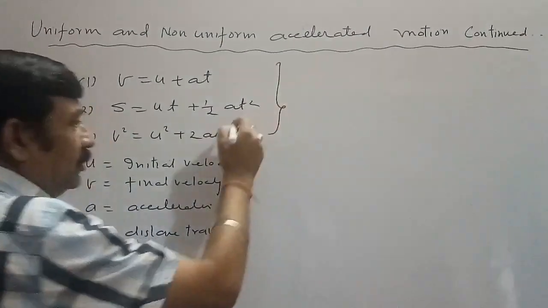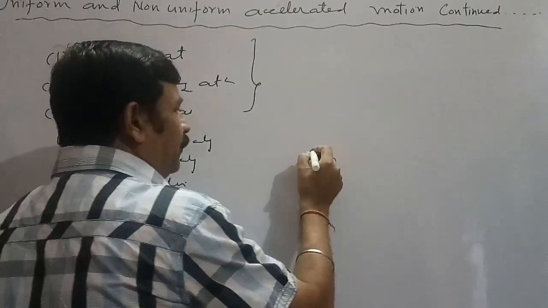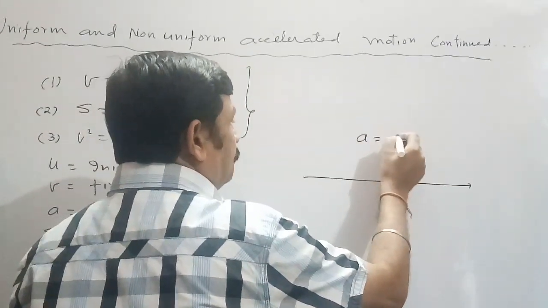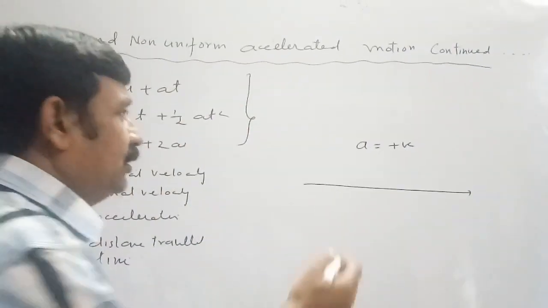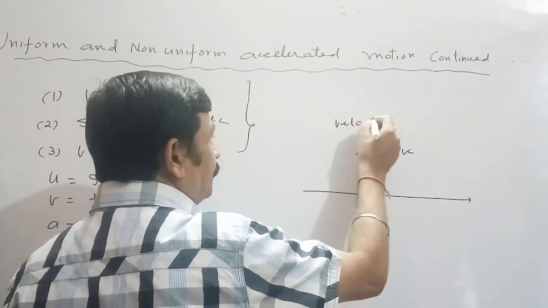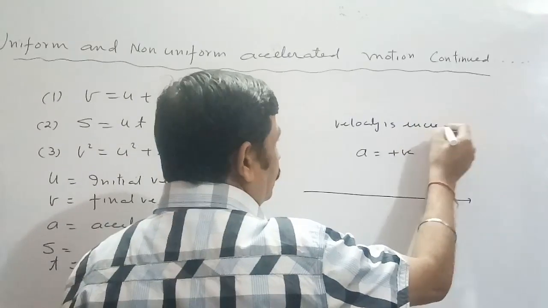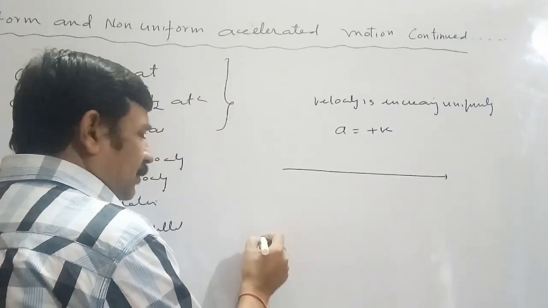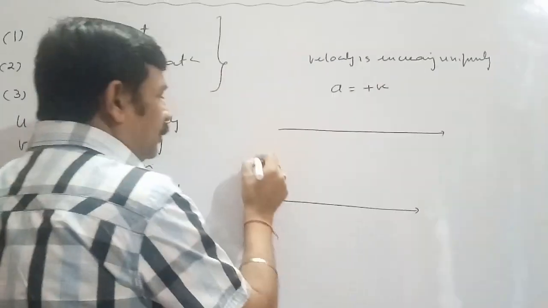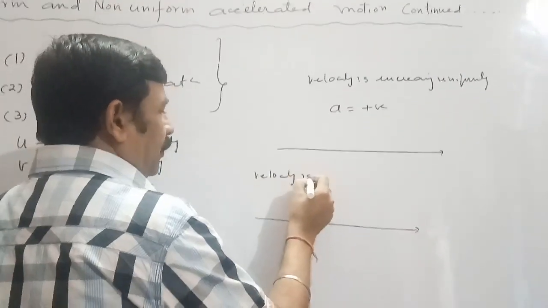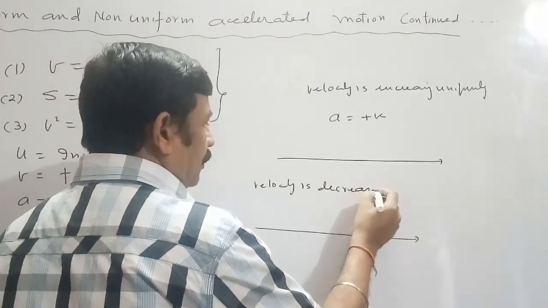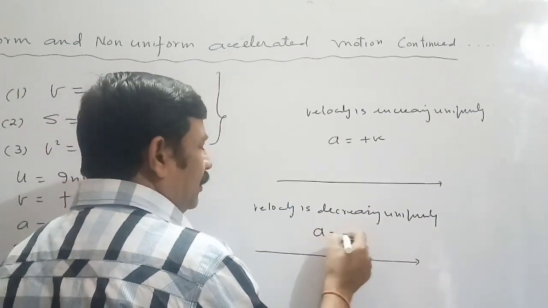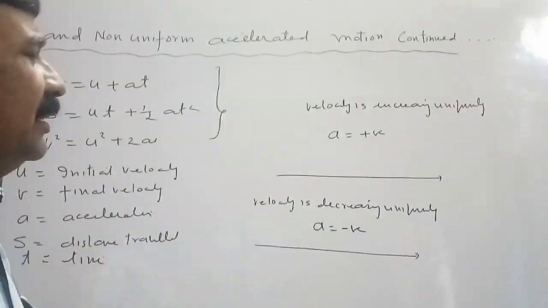These three equations of motion we use when the body is moving horizontally and having positive acceleration, means velocity is increasing uniformly. Let the body be performing horizontal motion but velocity is decreasing uniformly, means the body is having negative acceleration, means retardation.